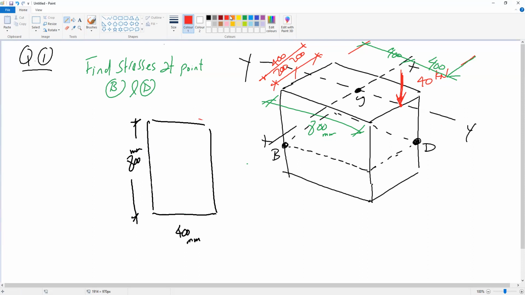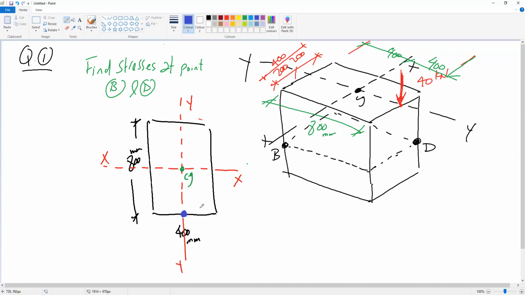Okay, the axes are y axis and x axis. Here is the centroid of the section because it is regular shape. So this is the CG. The applied force is 1 point load here, perpendicular to the screen.